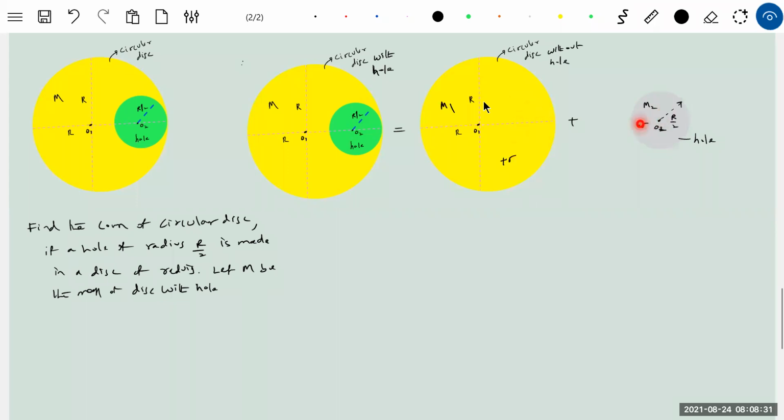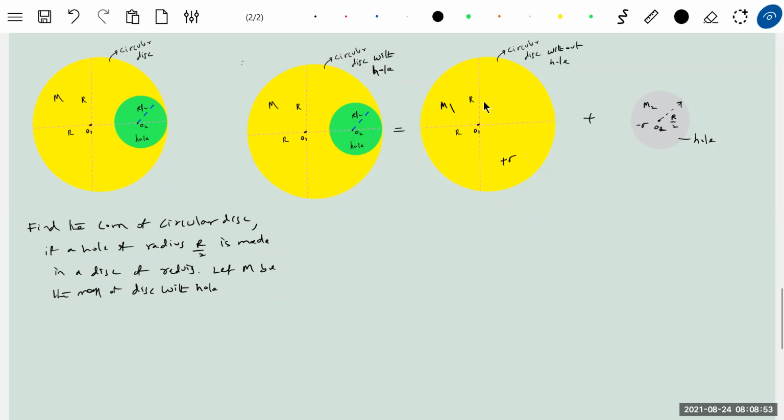Practically nothing will happen if you take one more disk and keep it on the other. We are on paper, we are saying plus sigma, minus sigma here. The density will cancel out and we get a hole. So afterwards, this is called a lamina with a hole.